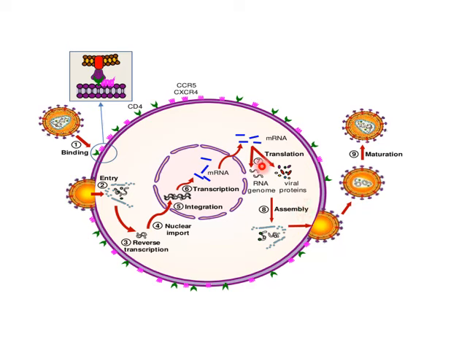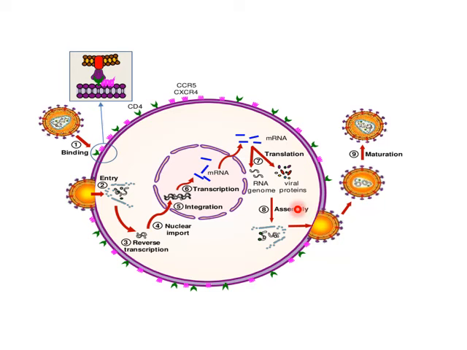So it is going to assemble these RNA genomes and the viral proteins, moving to the cell surface. These particles are going to be assembled and later they are going to move.